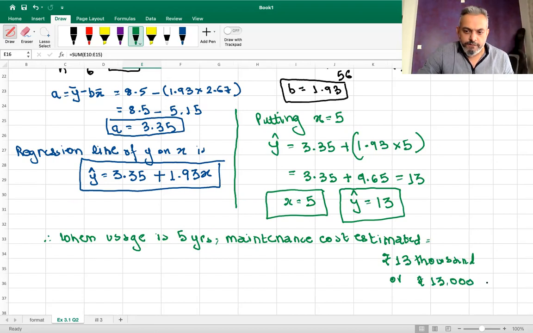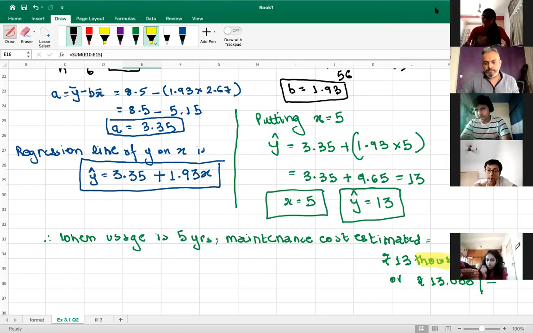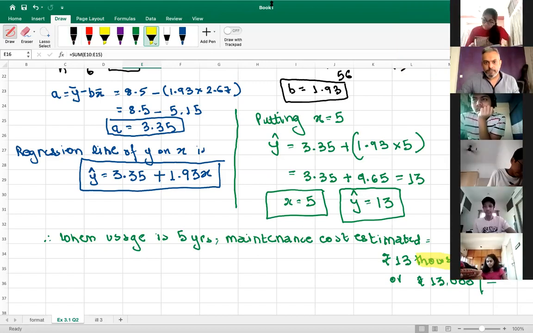If you write estimated cost is 13, your answer will go wrong because it is not rupees 13, it is rupees 13,000. So this is very important. Please be careful about this. You have to write this 13,000. Do this much, then we proceed. Sum is not over.